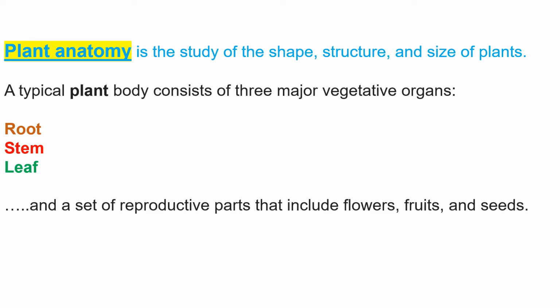You probably also know that a typical plant consists of three major vegetative organs: roots, stem, and leaves. So if monocots and dicots are different, all these three parts are going to be different as well. But there are other parts of the plants as well. That is the reproductive parts that include flowers, seeds, and fruits. So when there are differences between monocots and dicots, these parts, that is flowers or the reproductive parts of those plants, will also be different.